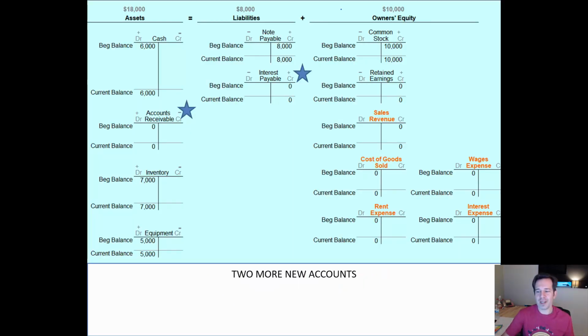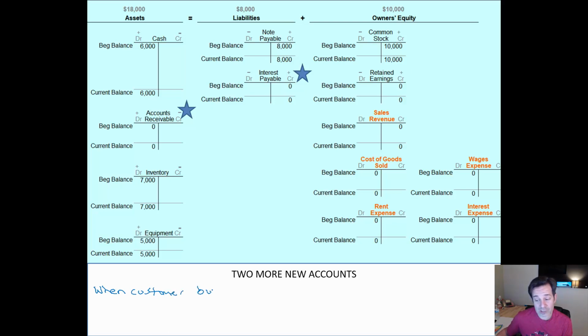So with that being said, we got 2 new accounts that we're going to talk about in addition to retained earnings today. We got an account called accounts receivable and one called interest payable. Now that accounts receivable account is simply when a customer buys on an IOU. So a customer comes in, they buy something from us.